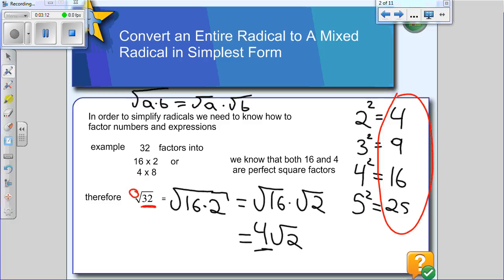Is there a number that doesn't go into one of these, like you use the bigger one? If none of them go in, then you can't do anything. So like the square root of 37. There's no number in here that'll divide into 37. So the simplest form would be the square root of 37. Think of it as simplifying a fraction.